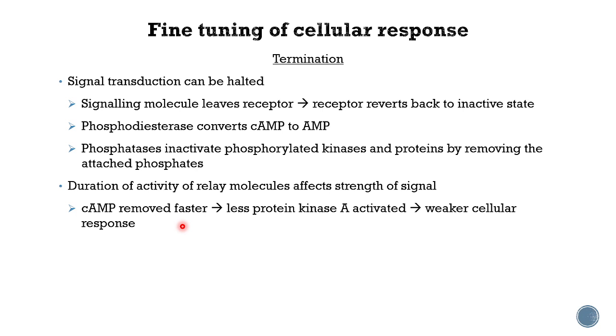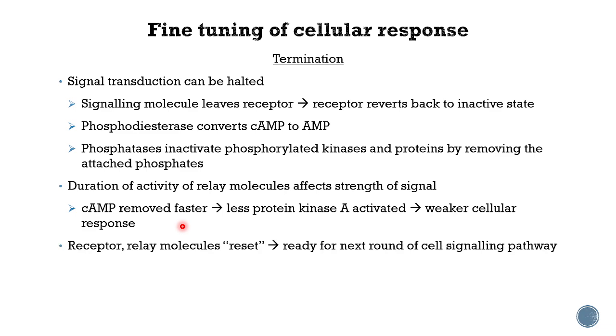This is the termination slide. Once the different proteins or molecules inside the cell, and the receptor also, are inactivated, this is like a reset. So the receptor and the different proteins are ready for the next round of signaling when a new ligand binds to the receptor again.